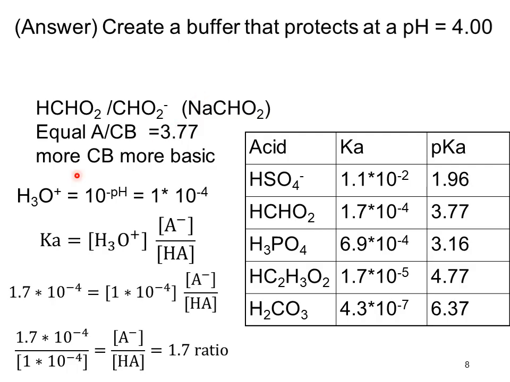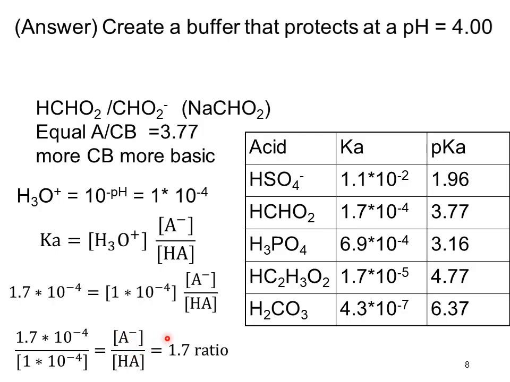But typically what I say is, okay, I want a pH of exactly 4. And that means my H3O+ needs to be exactly 1 times 10 to the negative 4th. So if I plug in the Ka that I have and the H3O+ that I want, I can solve for this A minus over HA ratio, right? So cross multiply, and I get 1.7. Okay, well, what does that mean? Well, I need 1.7 times more A minus than HA.